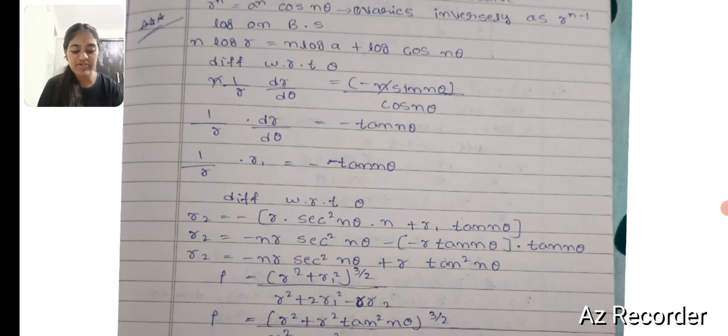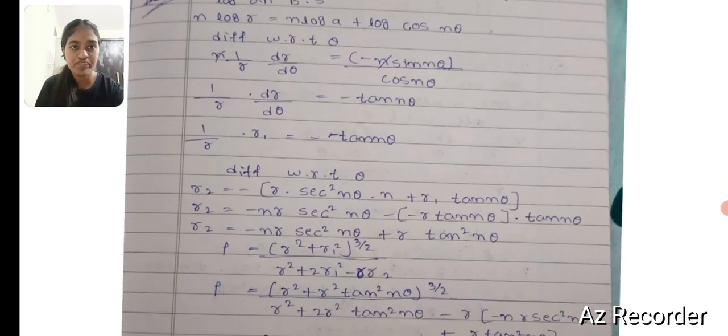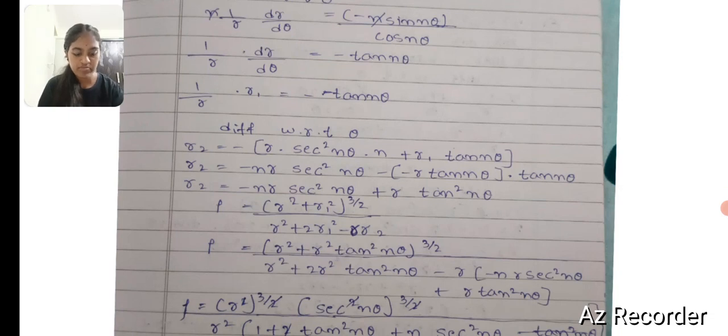Next step, r2 is equal to minus n r secant square n theta minus r1 tan n theta. r2 is equal to minus n r secant square n theta minus r tan n theta. That became, where minus into minus became a plus, tan theta. r2 is equal to minus n r secant square n theta plus r tan square n theta.